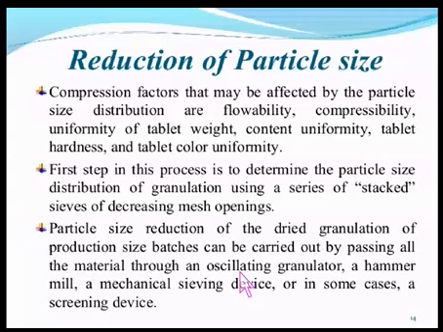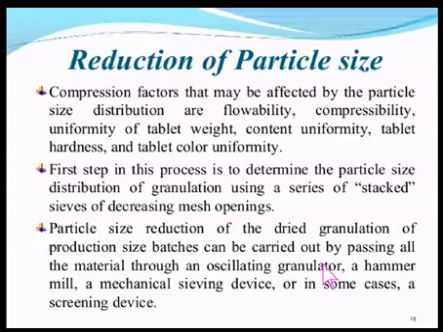The particle size reduction of the dried granulation can be carried out by passing all materials through the oscillating granulator, a hammer mill, a mechanical sieving device, or in some cases a screening device.